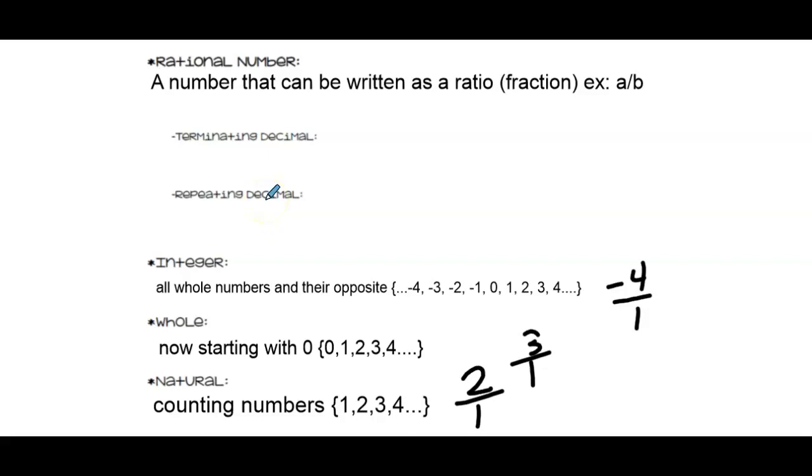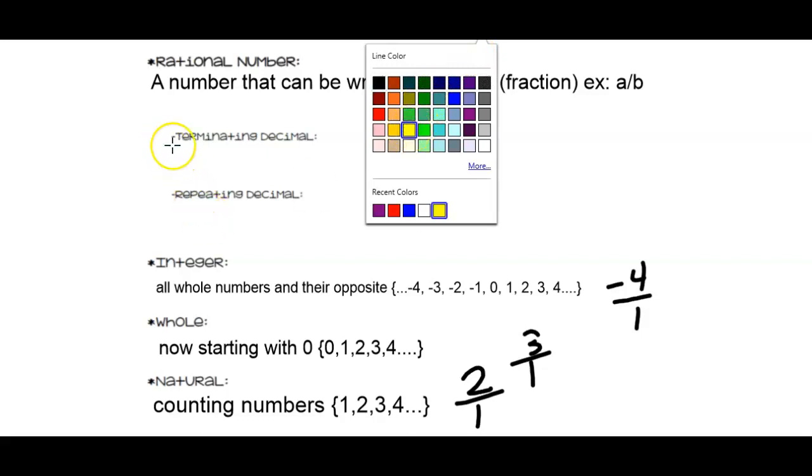Not a lot of people like fractions, and not a lot of people like decimals, but I promise you one thing, it's not so bad. So we've got two different types that fit into our rational number sheet. So terminating decimal is our first one, and maybe I should underline it so it stands out more.